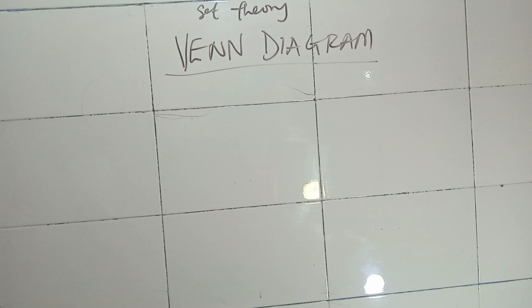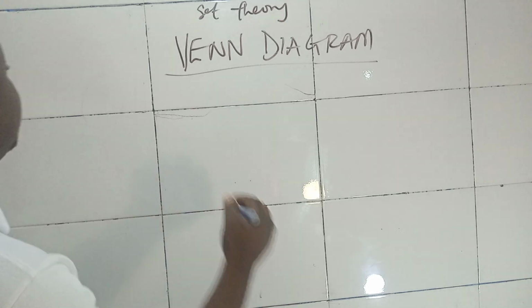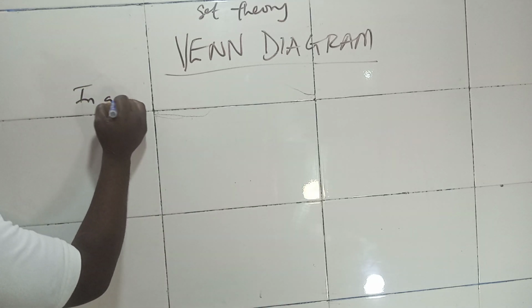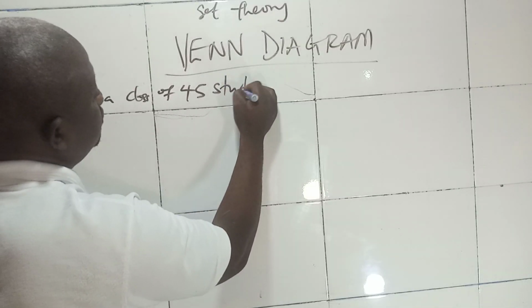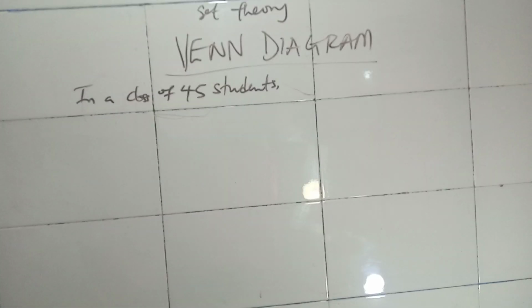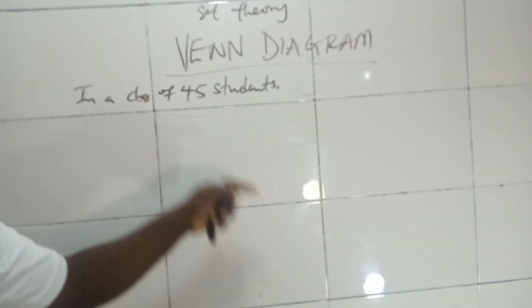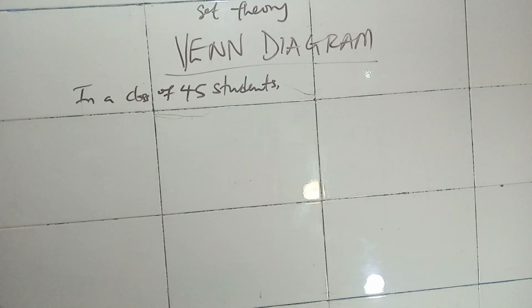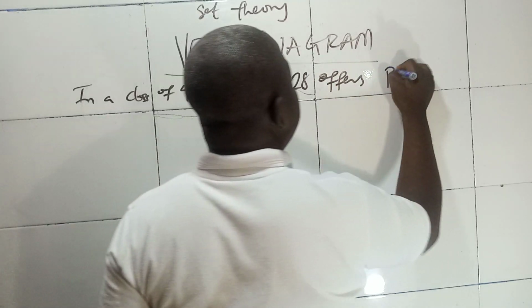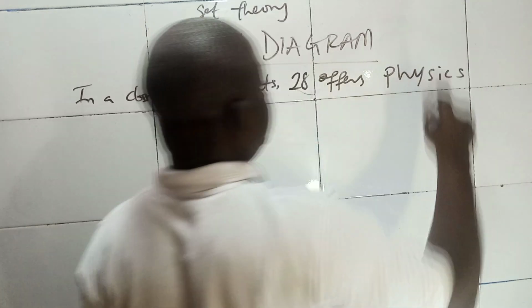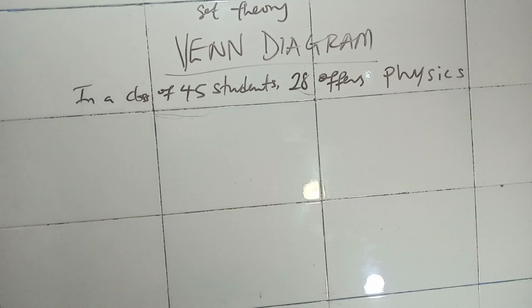For instance, you can say in a class of 45 students. You can see that I'm using students as an example to explain what I'm talking about. I can say 28 offer physics. You can see I'm now using subjects to give you a question under Venn diagram.